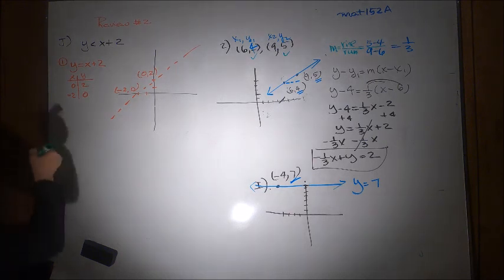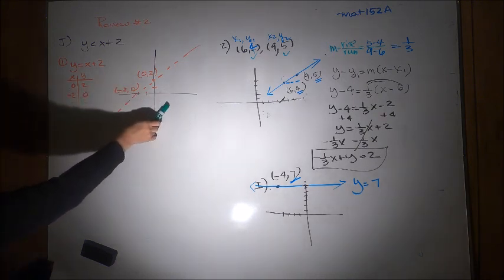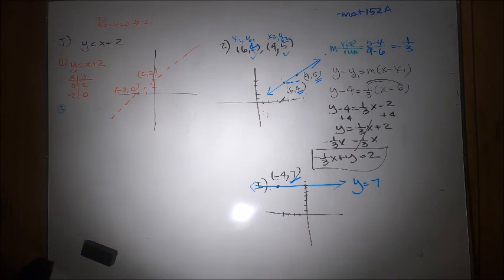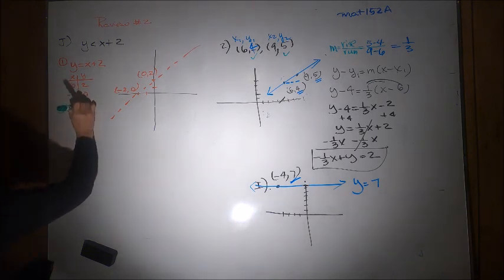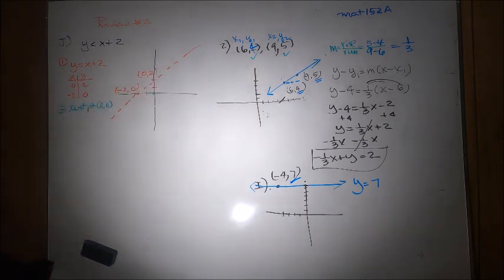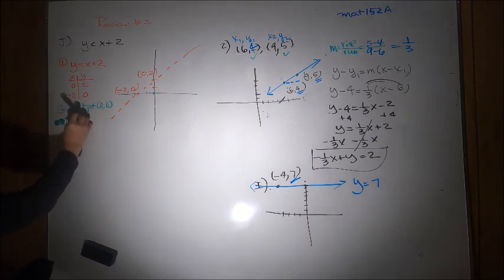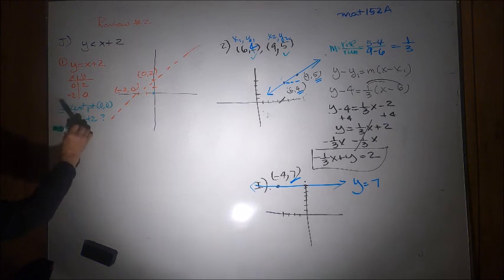Then the second step is what? You need to decide which of the two areas you will shade for the answer. Then you need to use a test point, which is choose 0, 0. Looks easy, right? So you test: is 0 less than 0 plus 2? The answer is yes.